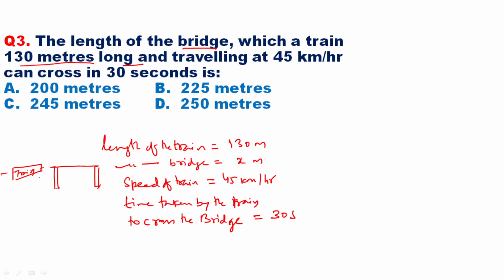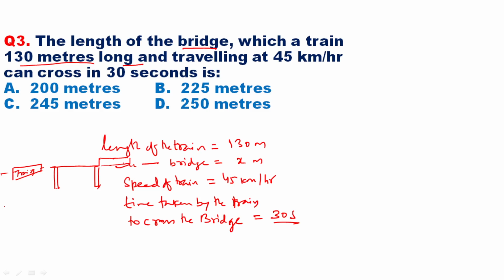Okay. So time taken 30 seconds means when the train will come to this place, it is crossing that bridge. It means the time taken by the train to cross is not only for its length but also the bridge length.